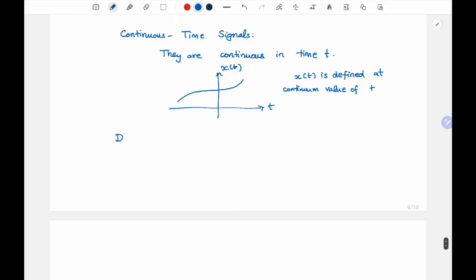And the next one is discrete time signals. So they have values only at discrete instances of time.